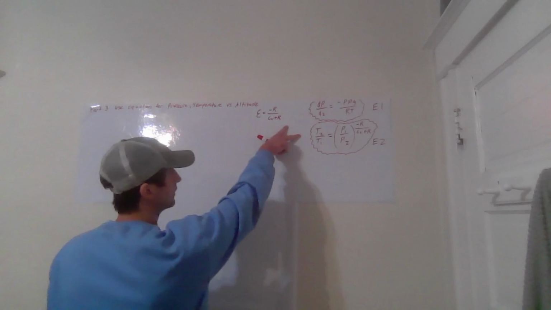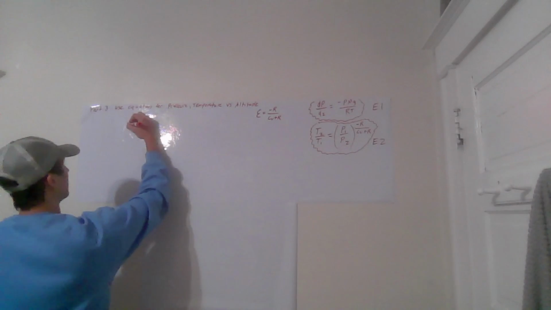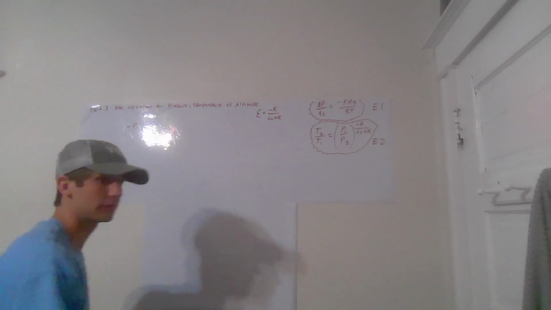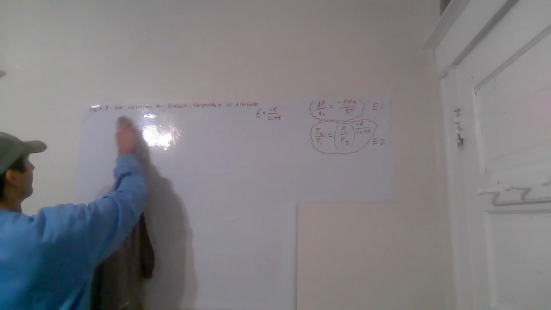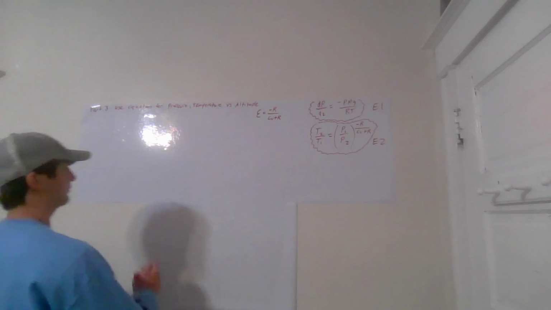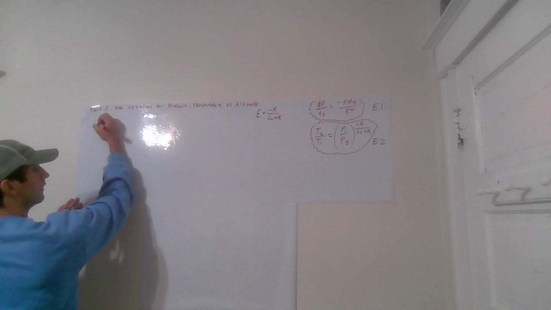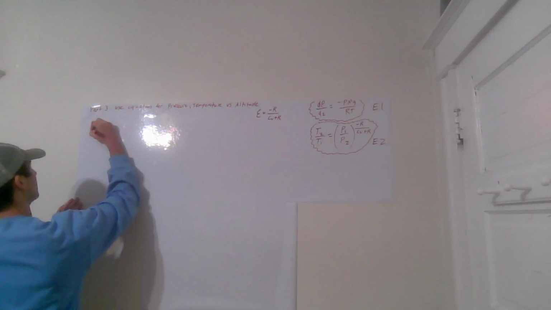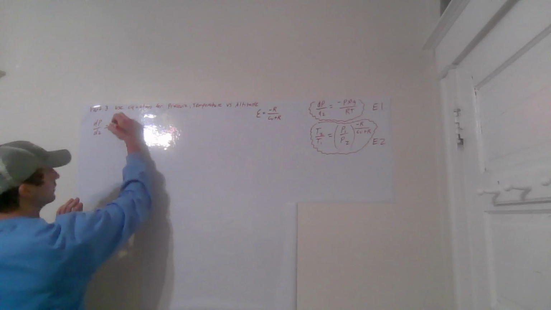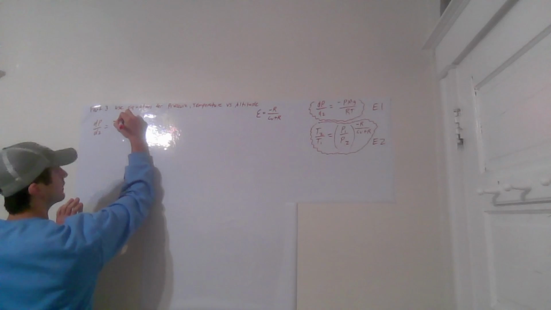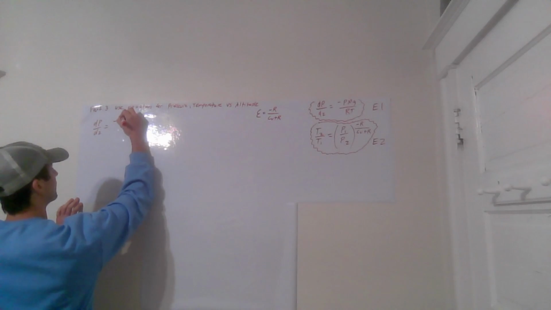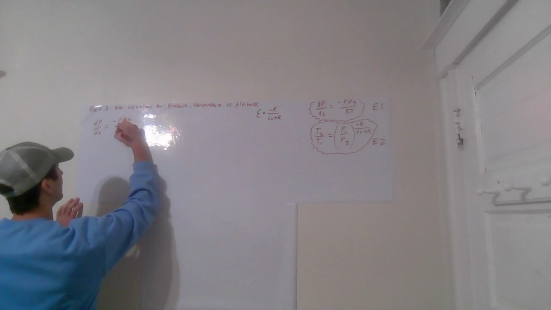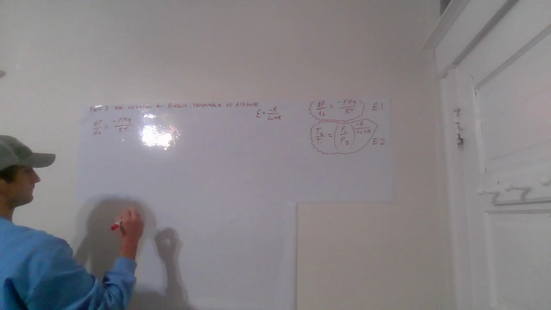So now we're going to combine these. Actually, let's do this somewhere else. We're going to say our dP over dz is going to be equal to negative P M, and this is going to be P1, PMG all over our T1.